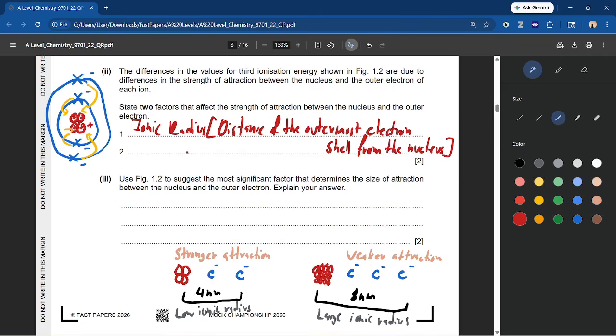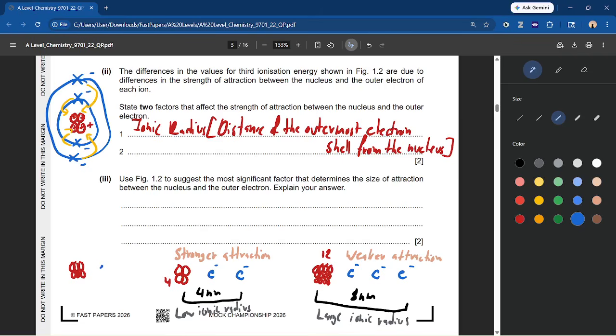And then we're going to talk about the nuclear charge. That basically means the number of protons in a nucleus. So the more protons, for example, this one only has 4, and this one has 3 shells, so it has 12. But what happens if there were 6 protons? Remember, each outer shell after the first one can carry 8 electrons.